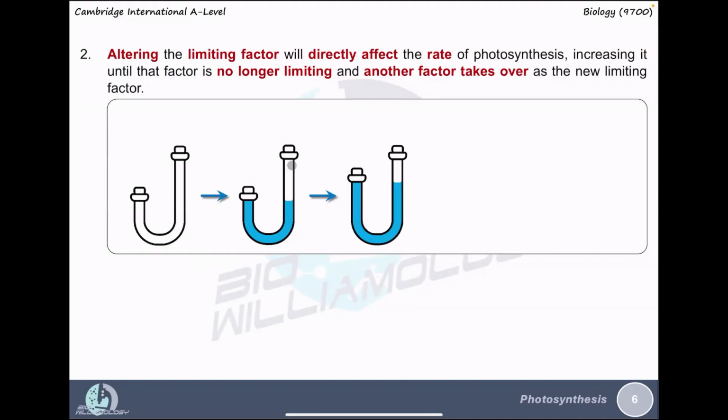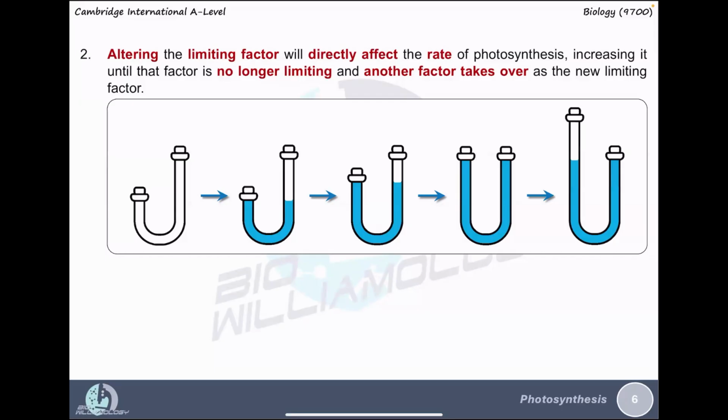If we increase the length of the left arm, you can see that the overall volume of water increases. This will continue until the left arm no longer acts as a limiting factor. Why? Because if we continue to increase the length of the left arm, you will see that there is no further increase in the volume of water.